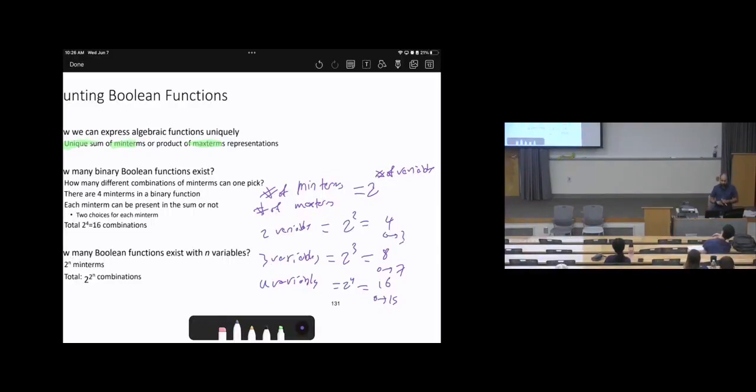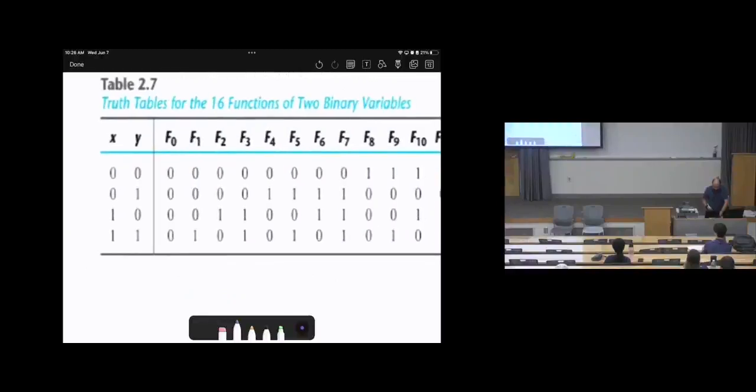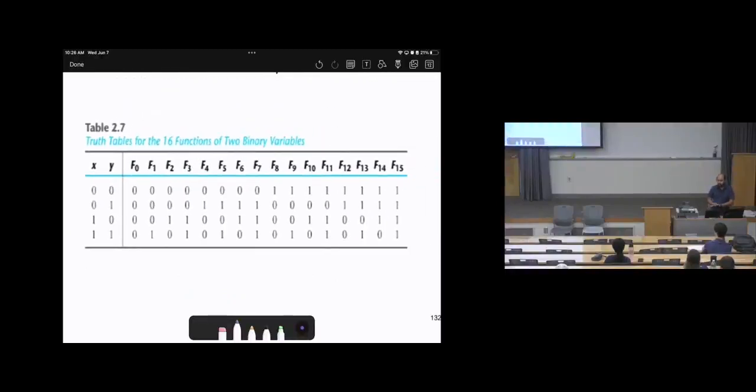Now, how many possibilities are there for creating a function? What do I mean by possibilities for creating a function? Let's look at this table. How many functions can I achieve using 2 variables? I can make 0, 0, 0, 0.